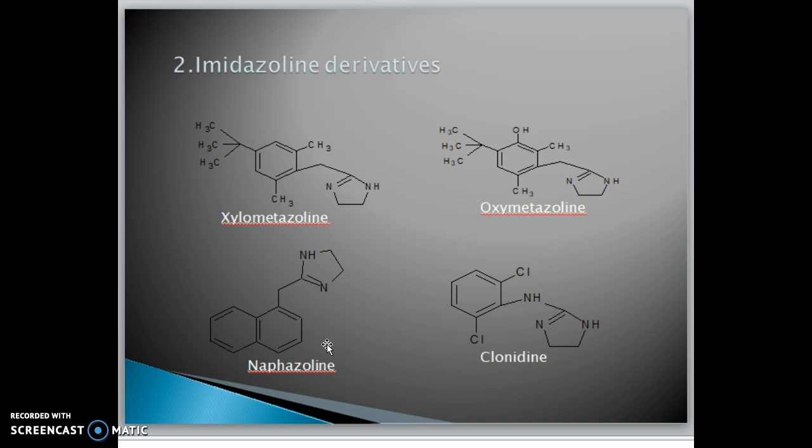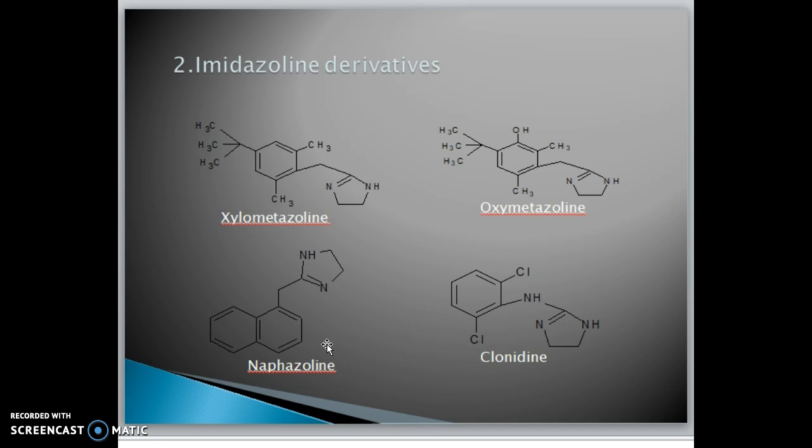Moving on to the next category of directly acting sympathomimetics, that is imidazoline derivatives. Under imidazoline derivatives, we have four examples here: xylometazoline, oxymetazoline, naphazoline and clonidine. Each of these structures consists of an imidazole ring. Imidazole is a 5-membered ring compound which consists of 2 nitrogens at 1 and 3 positions.